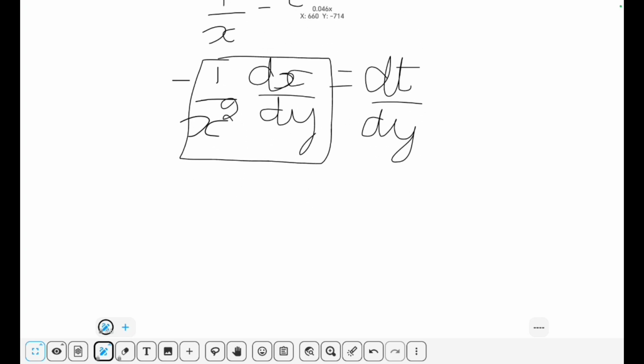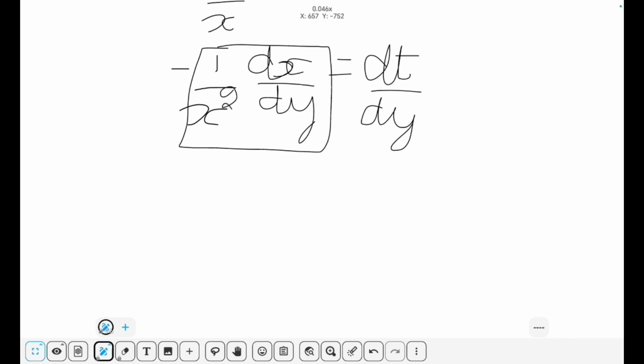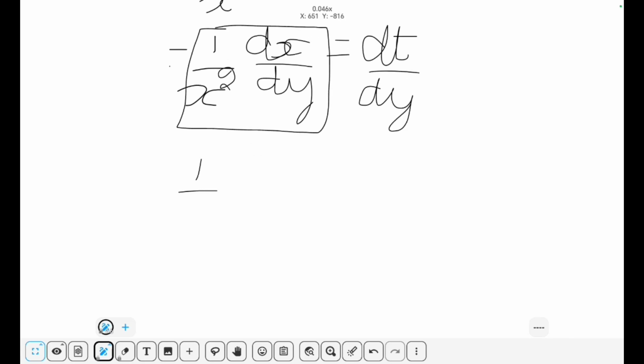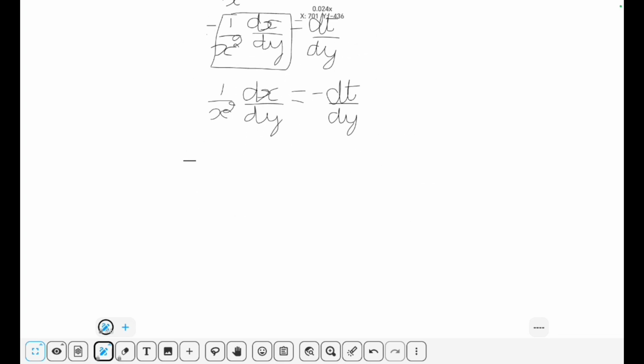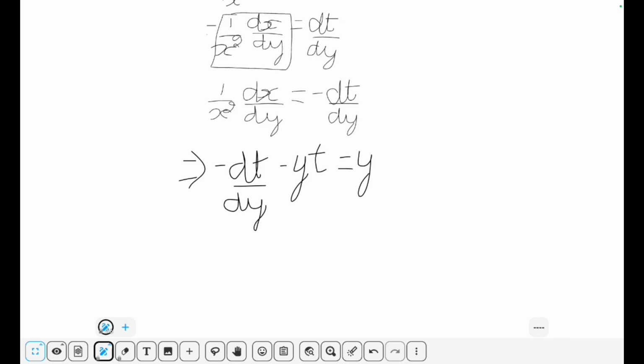So moving the minus to the right hand side, that gives 1/x² dx/dy equals minus dt/dy. So let us substitute this: minus dt/dy minus y into t, t is 1/x, equals y³.